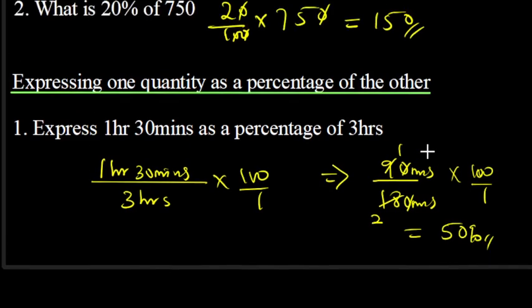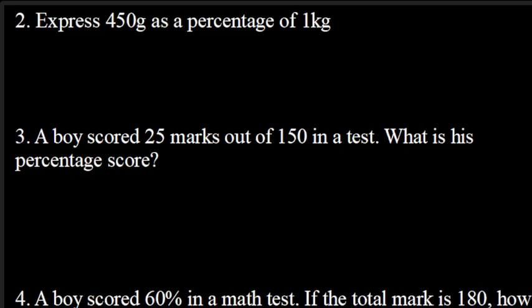Okay, for the next one, we are asked to express 450 grams as a percentage of 1 kg. This is something as 450 gram over, now 1 kg is 1000 gram, times 100 over 1.